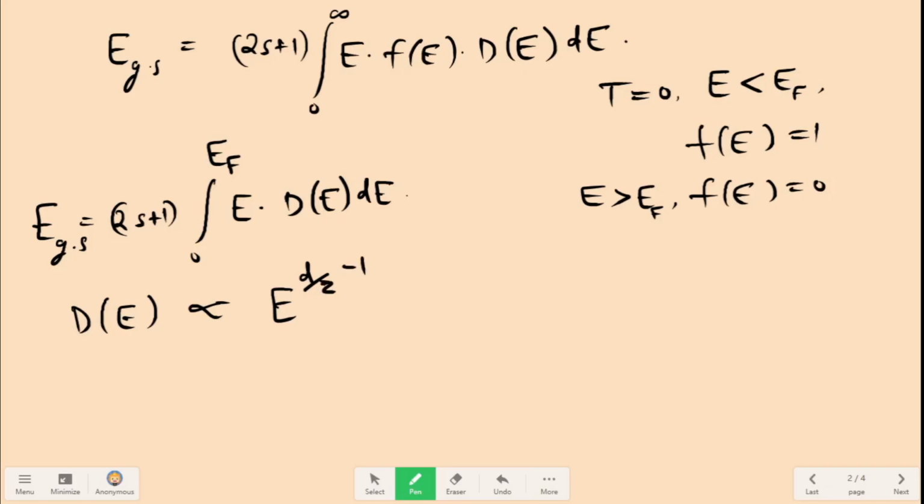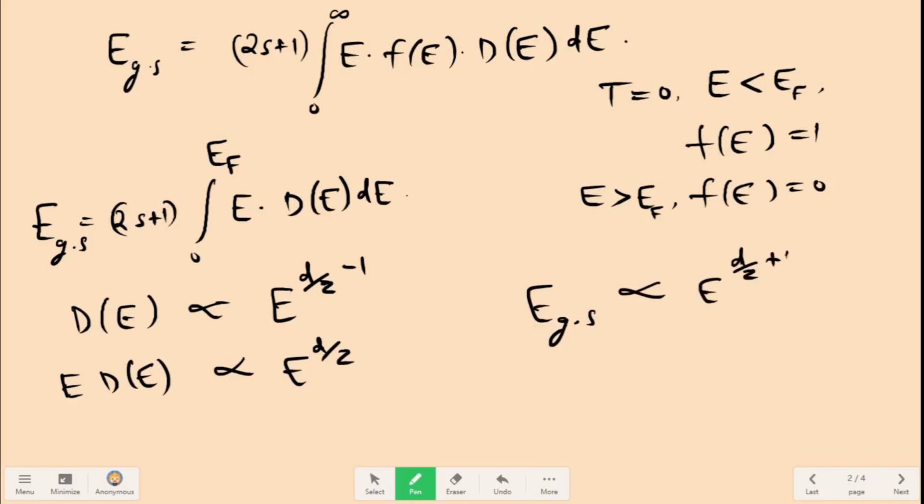Here d is the dimension and z is the power of k in the dispersion relation. When you multiply the density of states by energy, this is proportional to E raised to d by z. And when you integrate this, the total ground state energy EGS is proportional to E raised to d by z plus 1, so the power again increases by 1, divided by d by z plus 1.